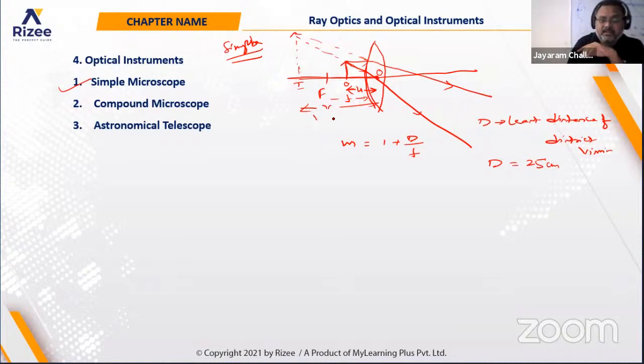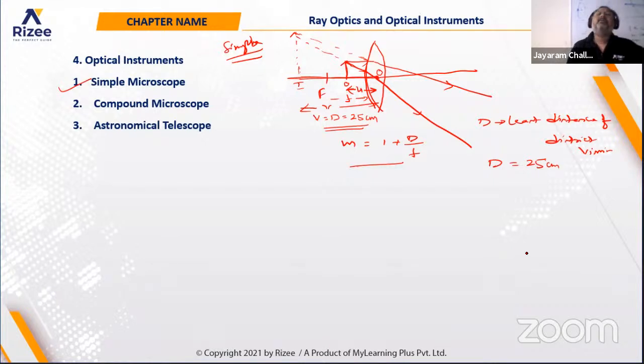Here V is equal to D, and the value of D is going to be 25 centimeters. It is a standard value for the normal human eye, which you need to remember. So this is the formula for the magnification of a simple microscope, m is equal to 1 plus d by f, where the image is falling at the least distance of distinct vision.